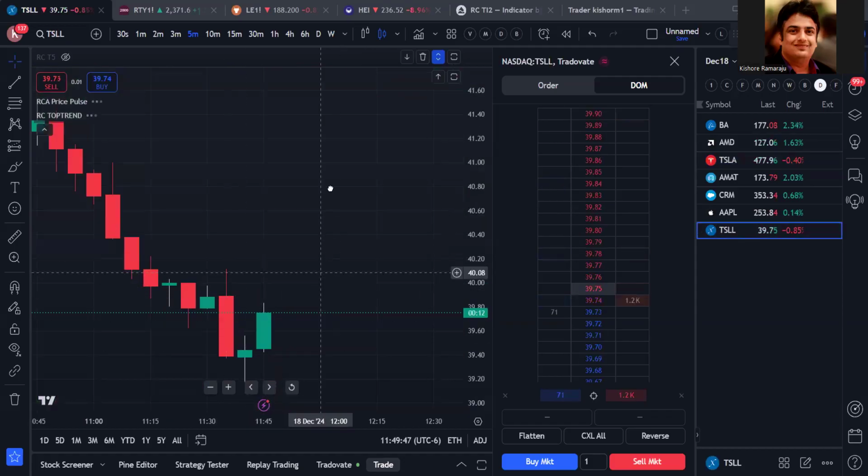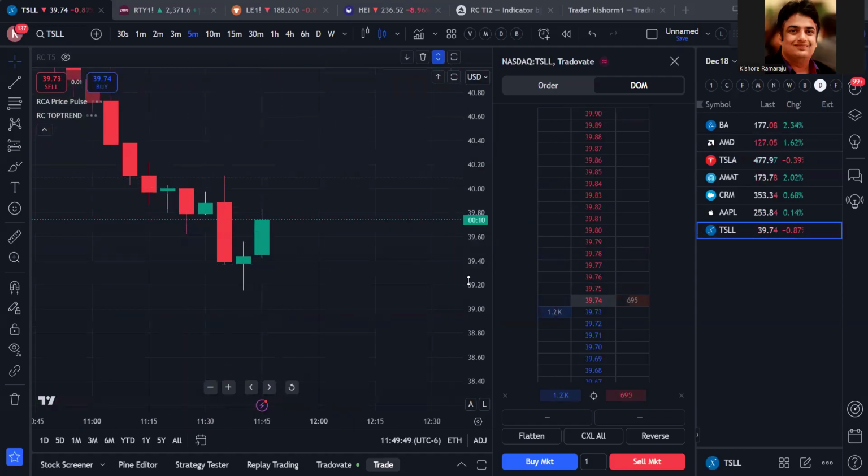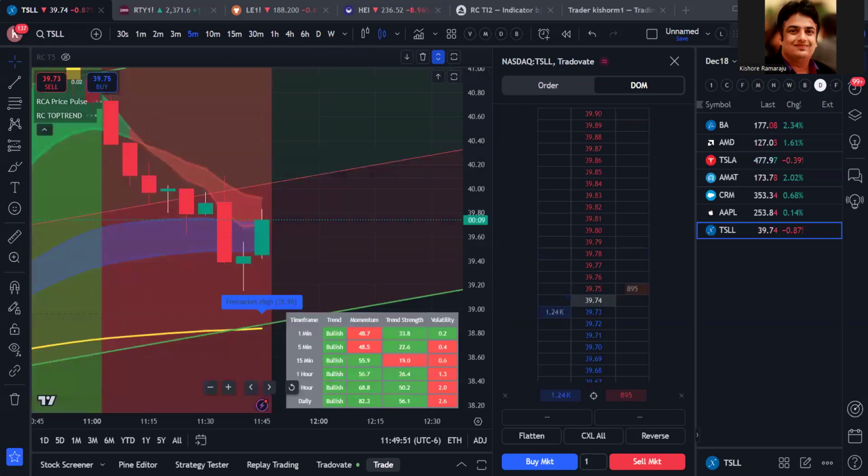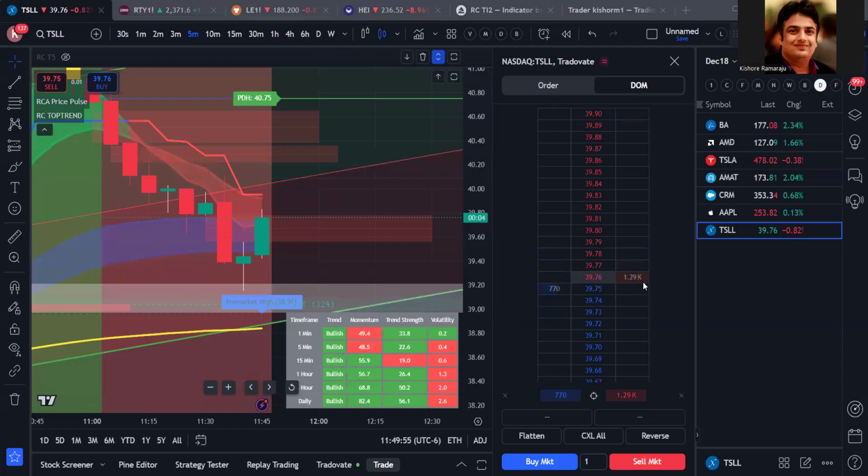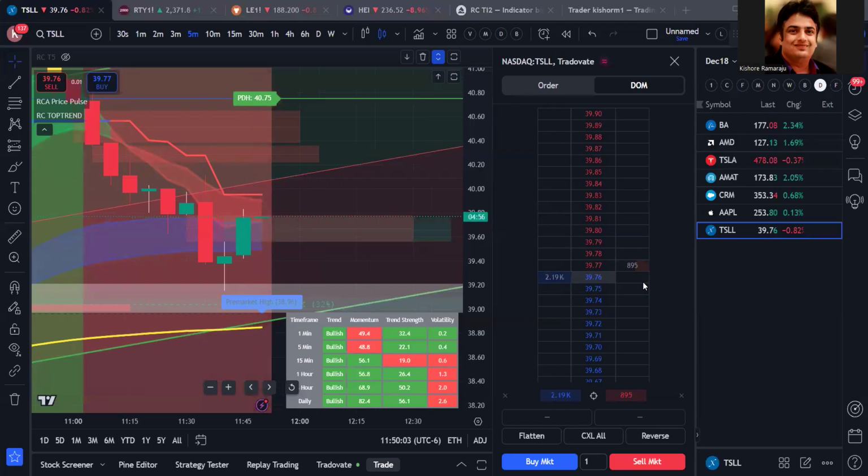TSLL. You can sell TSLL put for 65 cents. TSLL 36 put.